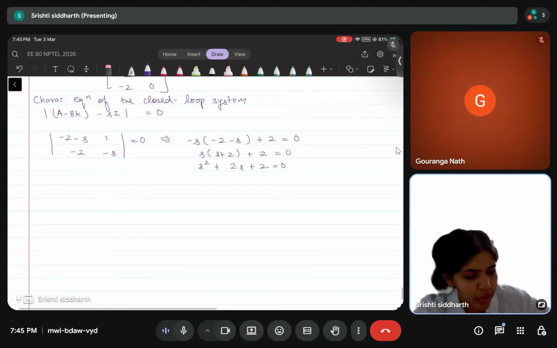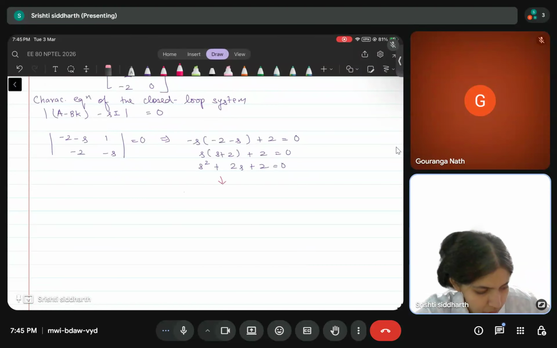This is exactly equal to the desired characteristic equation.